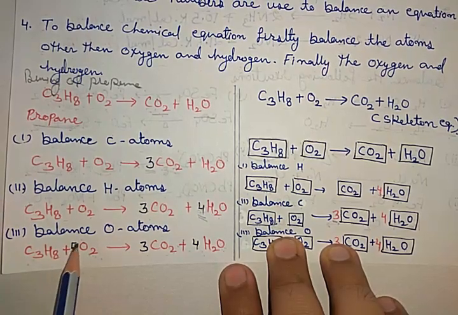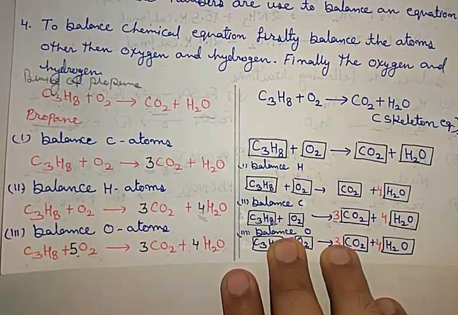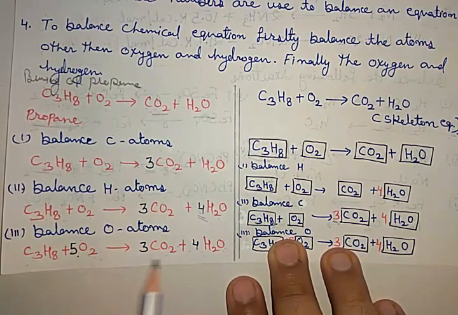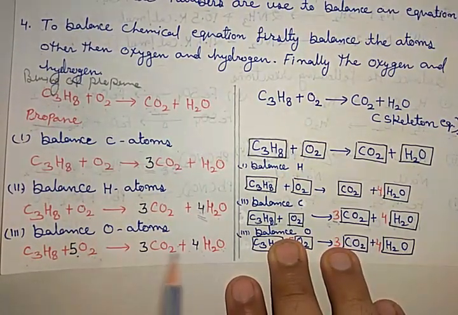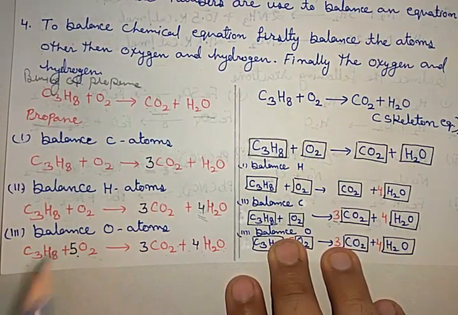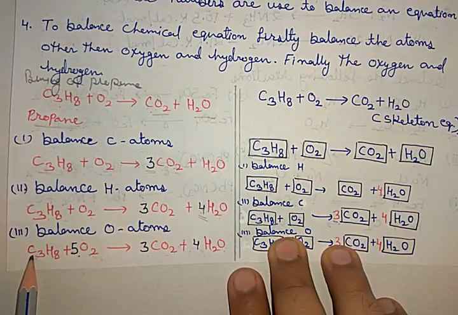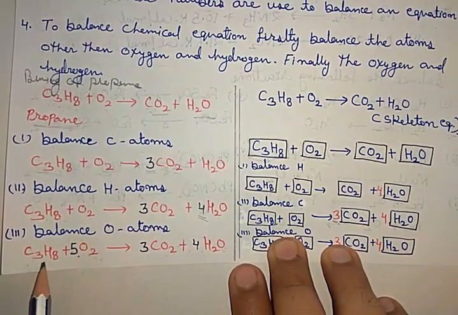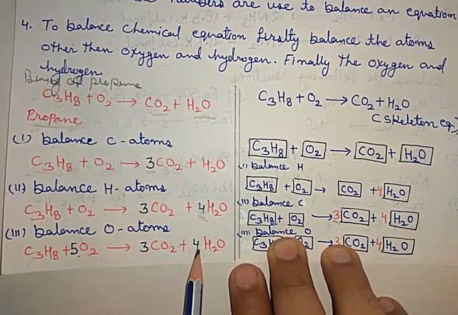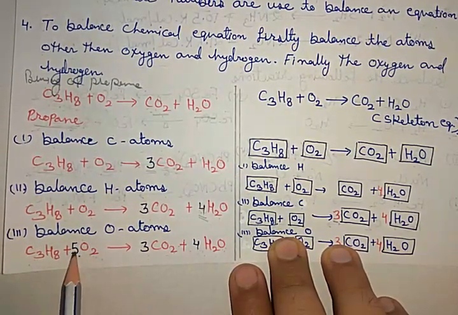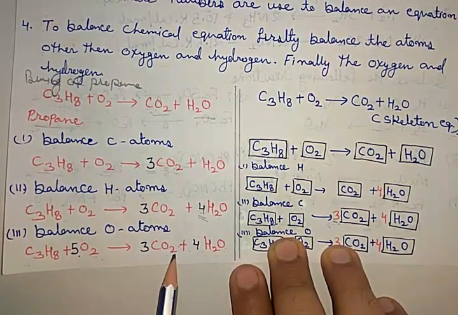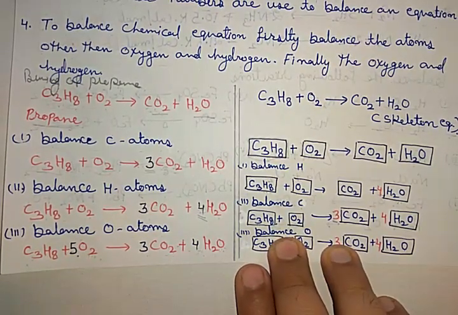If I multiply 2 with 5, then it also becomes 10. Now after balancing the oxygen, all three elements, carbon, hydrogen and oxygen, are balanced. Let me check it. 3 carbon, 3 carbon, 8 hydrogen, 8 hydrogen, 10 oxygen, 6 plus 4, 10 oxygen.